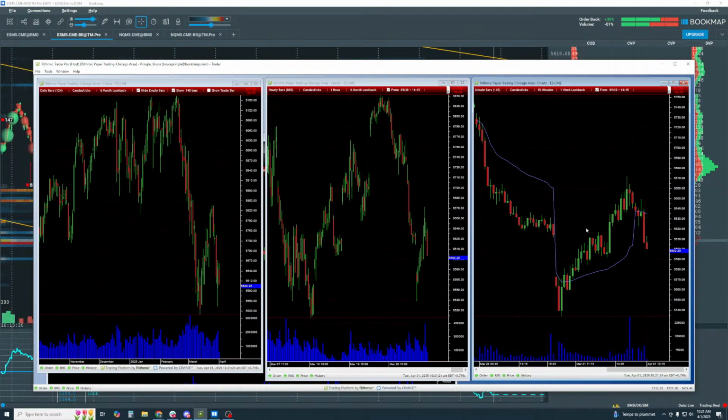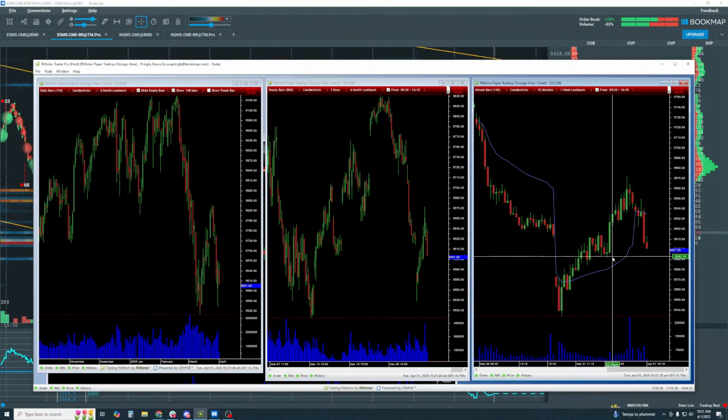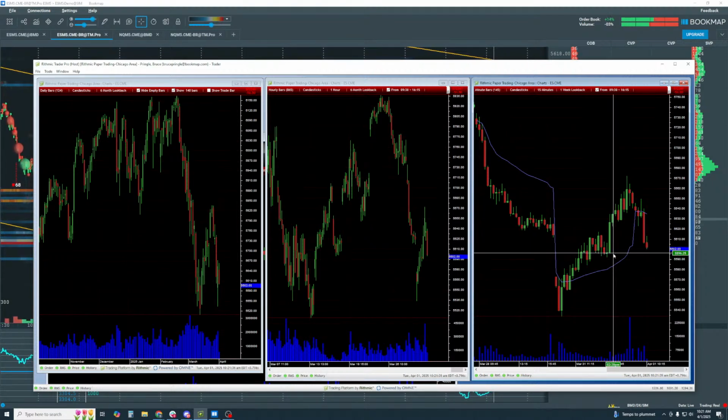Let's jump back, our bigger picture. This is our level here, right? So this is what we really want to watch, this level in here, around this kind of 96 on down to about 93 or 92.